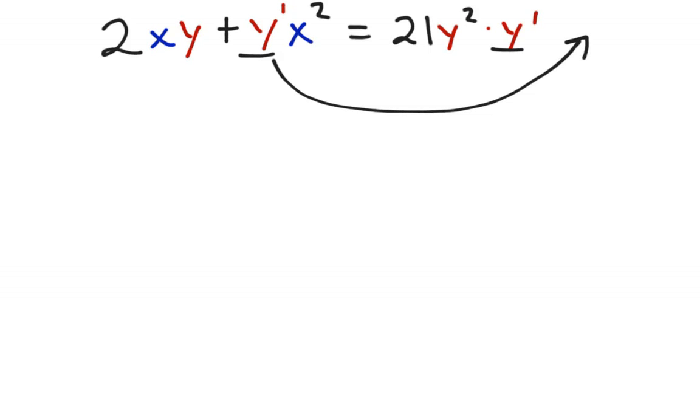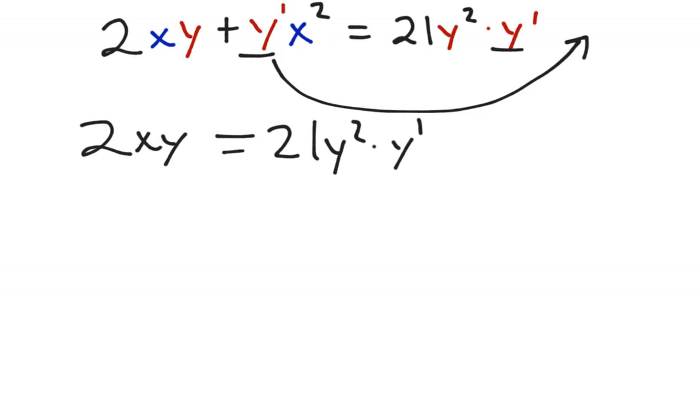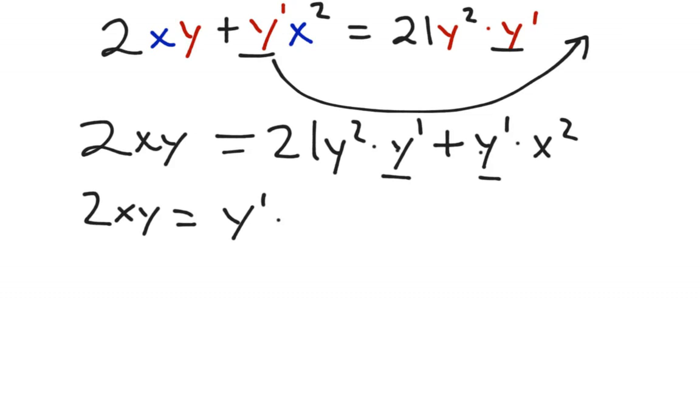So if I rewrite it, and I'm going to drop the colors because it's getting annoying writing them like that, we have 2xy equals 21y squared times y prime plus y prime times x squared. Now that they're on the same side, I'm going to factor out the y prime. So I get 2xy equals y prime times (21y squared plus x squared).